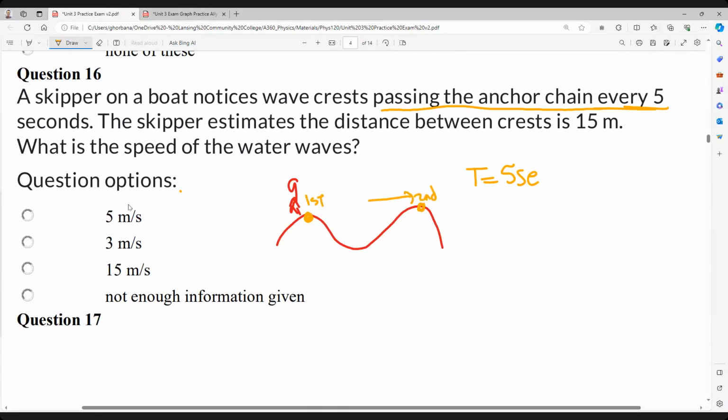How many seconds later? 5 seconds later. We call this the period. I'm just telling you that this sentence has this meaning. Again, it is probably not asking us to calculate the period, but it still has this meaning.